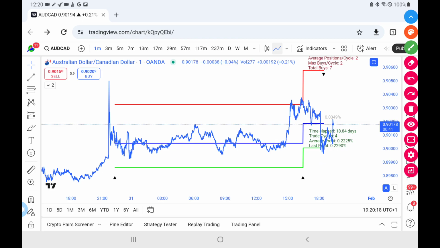That is, I need to see how the pair I trade factors against the pair I want to trade. So, on the screen, you see this little plus sign right here? We're going to use this to add another pair to the chart.